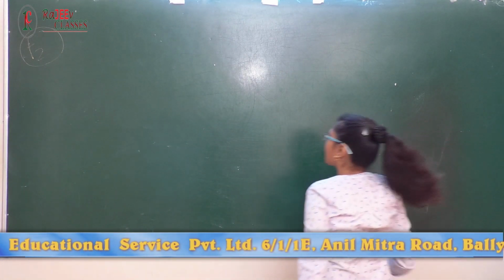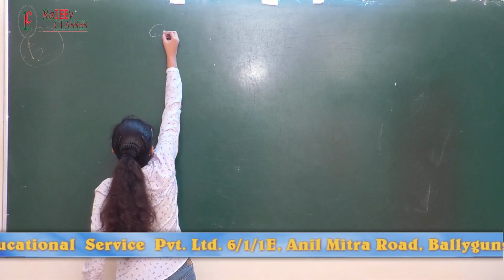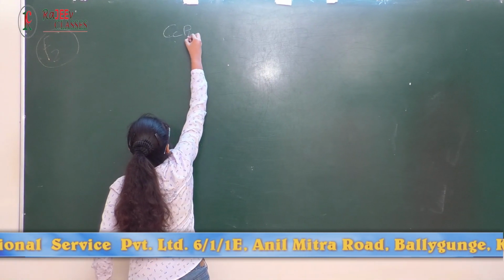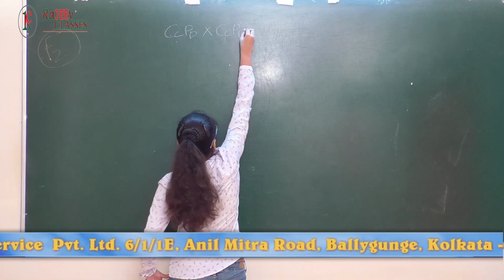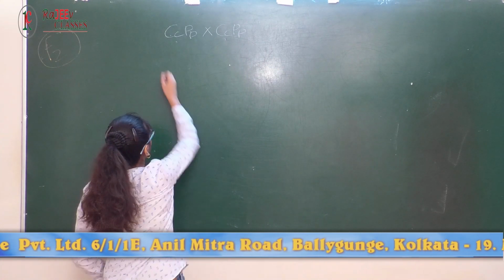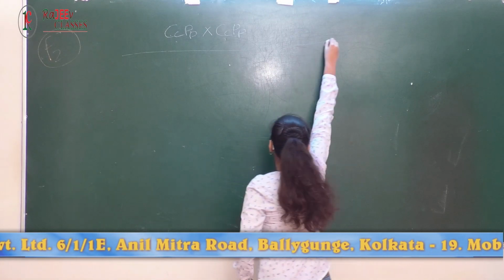In that too, our organisms were capital C, small c, capital P, small p. Okay? Checkerboard.